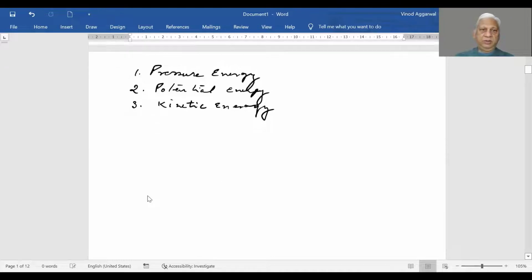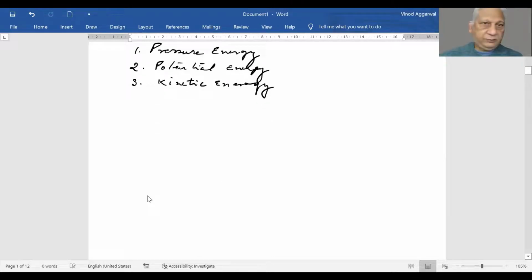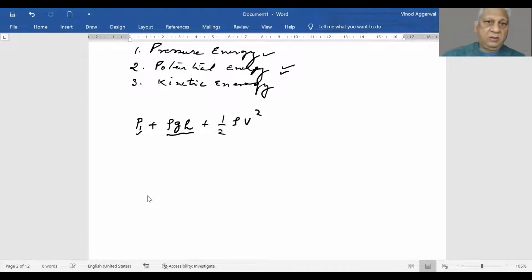Okay, now let's put it down in an equation. The equation is pressure energy at point 1 plus potential energy plus kinetic energy. This was our pressure energy, this is our potential energy, and this is our kinetic energy.